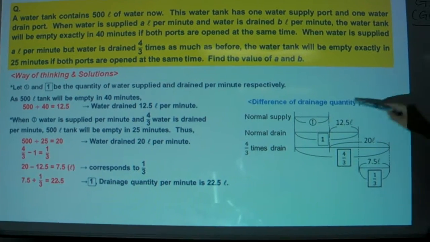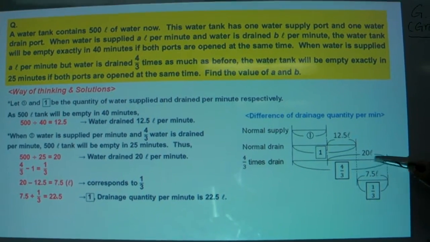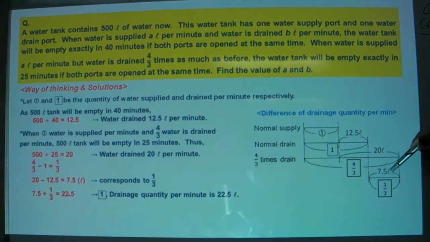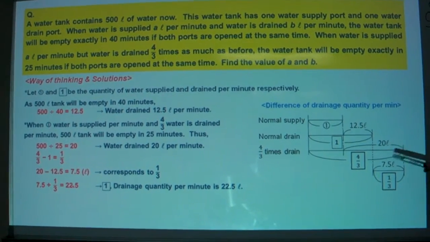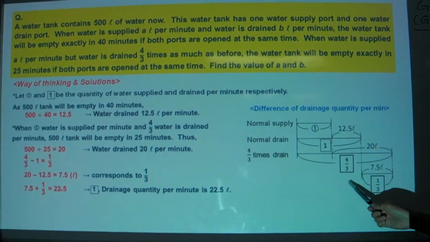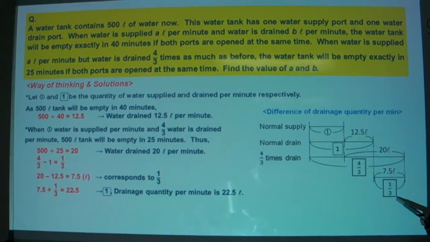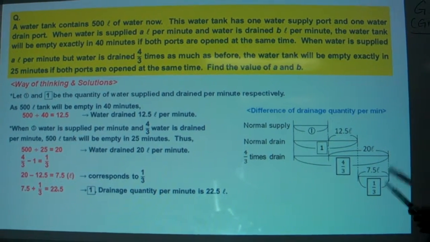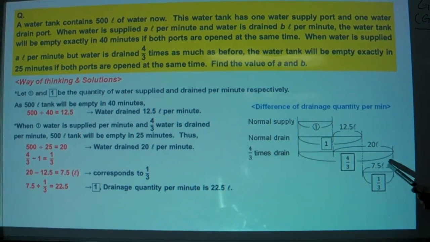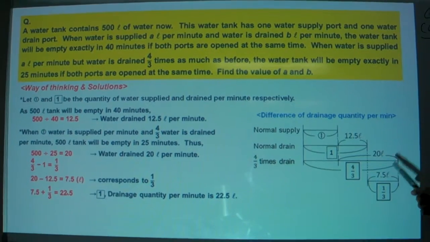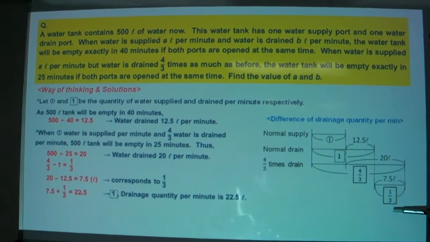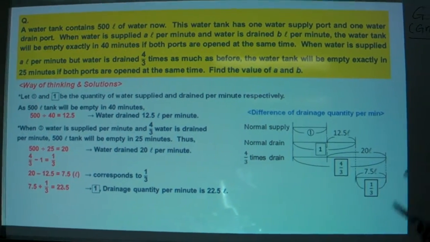So if you see this diagram very clearly, up to here, the difference of the quantity is 7.5 liter, and the difference of the square, 4/3 minus 1, gives you 1/3 square. So this 1/3 represents the rate, and this 7.5 liter represents the quantity. This quantity corresponds to the rate of 1/3; here we call it the corresponding mass.